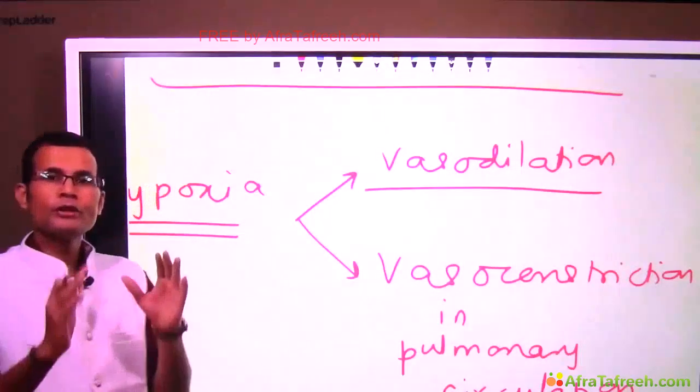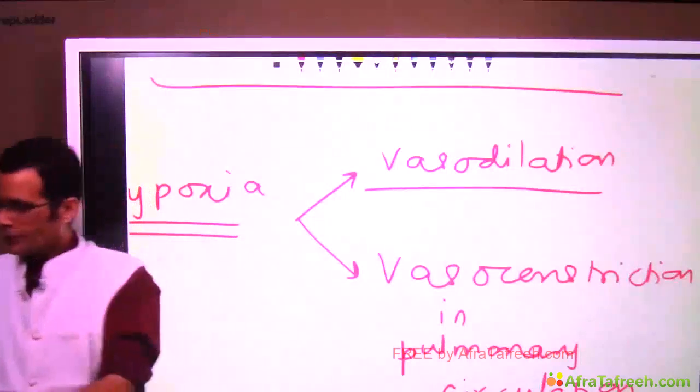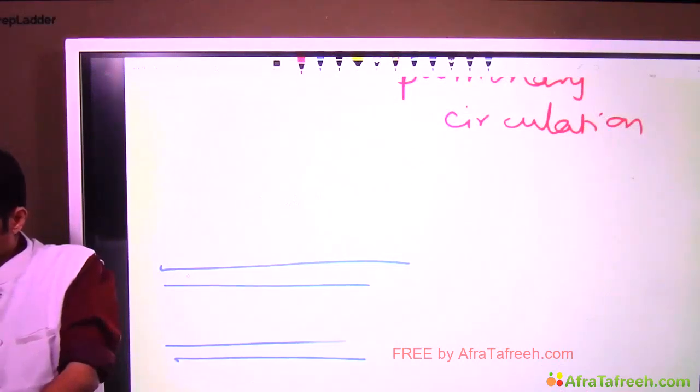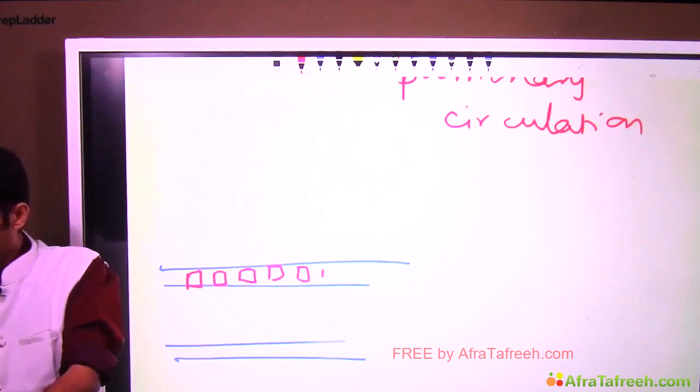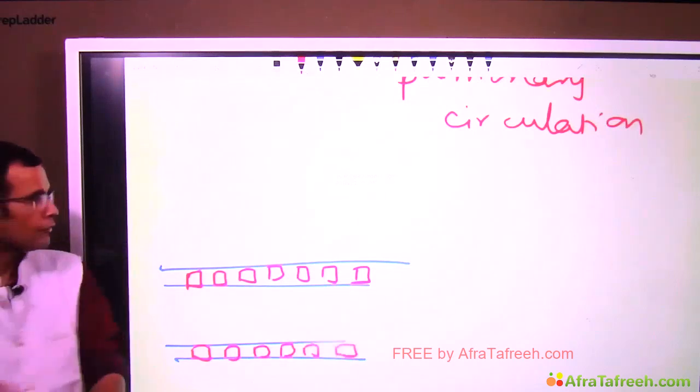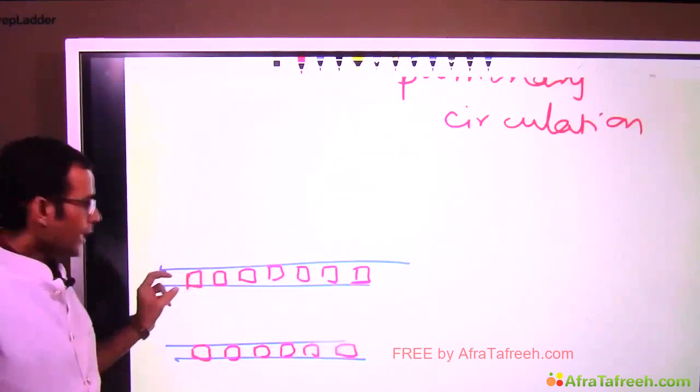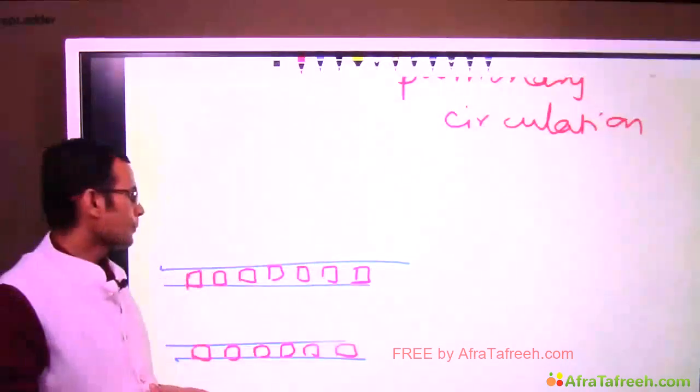It's because of the channels. In the blood vessels, there are smooth muscle cells that line the blood vessel walls. Here is a blood vessel shown, its cross-sectional view, and the smooth muscle cells have been shown lining up the wall of the blood vessel.